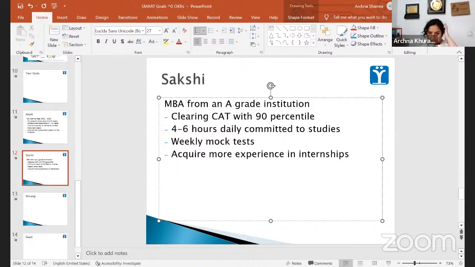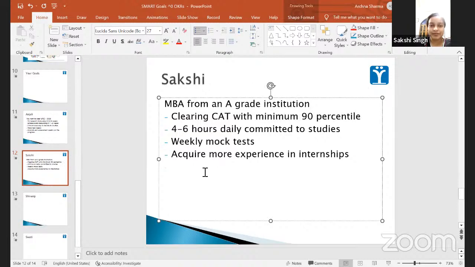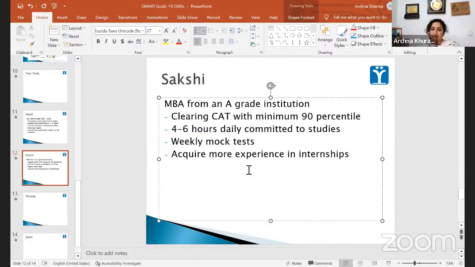Okay. और क्या? And till now I am doing this all only. Nothing more. इंटर्नशिप का जनरली इस वाले उससे कोई लेना देना नहीं है, MBA from an A-grade institution.